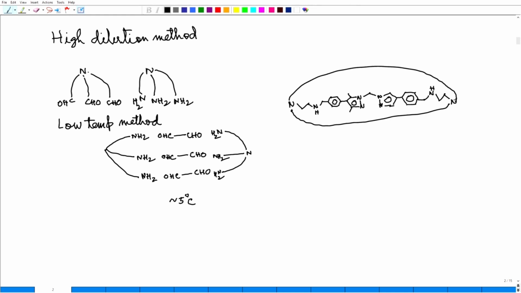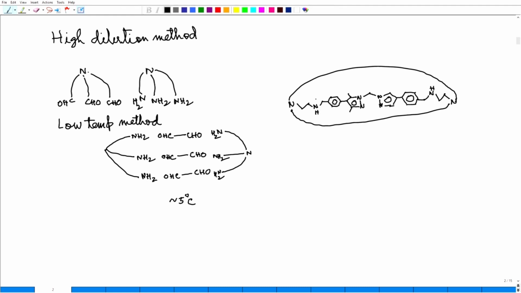See that? So, this is a cryptand having a very long cavity, and you can obtain this at low temperature. With this we did not use any templating metal ion, but we used low temperature. And what did we use? We used this aldehyde.